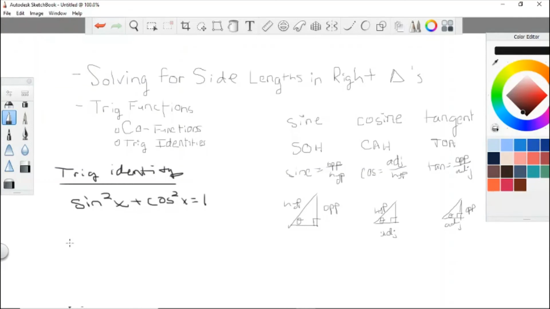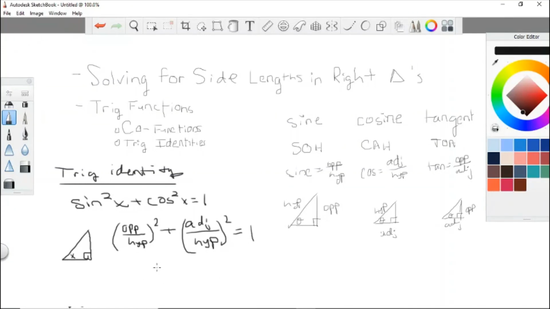So when we look at a right triangle, it will look like this. Let's say this is x. Then sine squared x, opposite over hypotenuse, squared, plus cosine squared x, which is adjacent over hypotenuse, squared, equals 1.